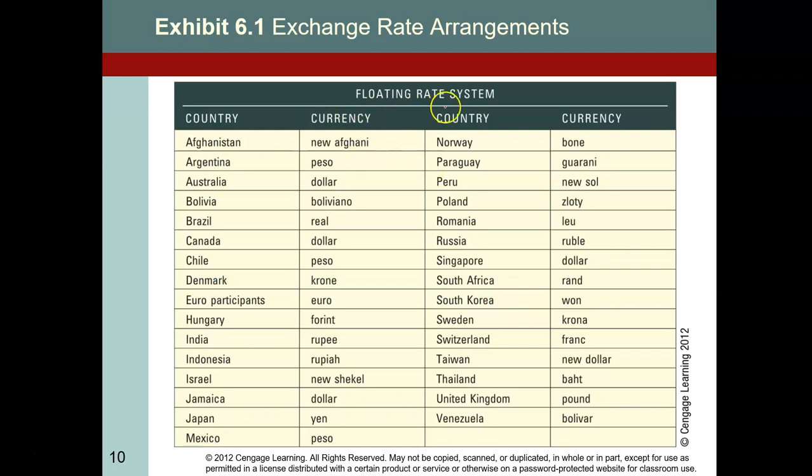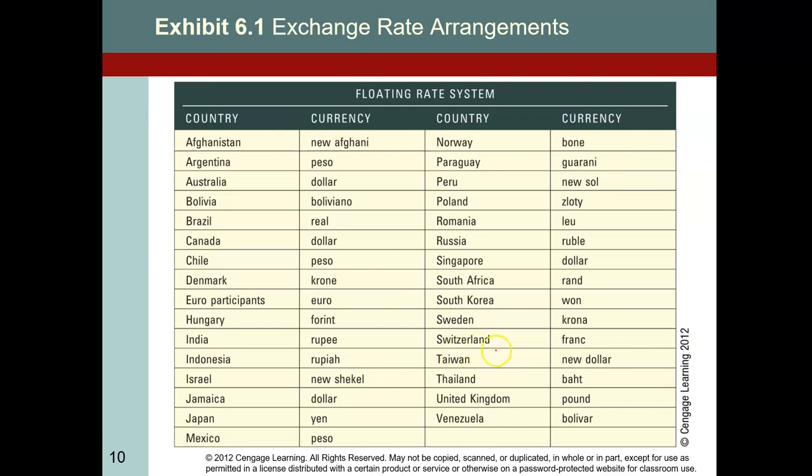Okay, so here is the floating rate system of different countries. Here's a graph showing the countries adopting the floating rate system, including Afghanistan, Argentina, Australia, Brazil, Bolivia, Canada, Chile, Denmark, Euro participants, Hungary, India, Indonesia, Israel, Jamaica, Japan, Mexico, Norway, Paraguay, Peru, Poland, Romania, Russia, Singapore, South Africa, South Korea, Sweden, Switzerland, Taiwan, Thailand, UK, and Venezuela.